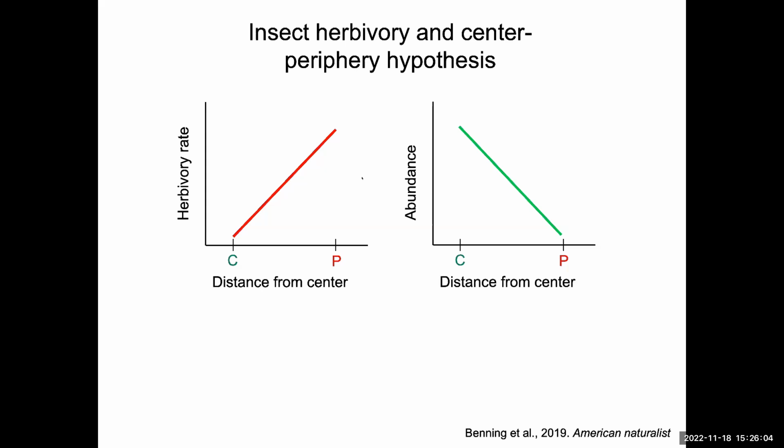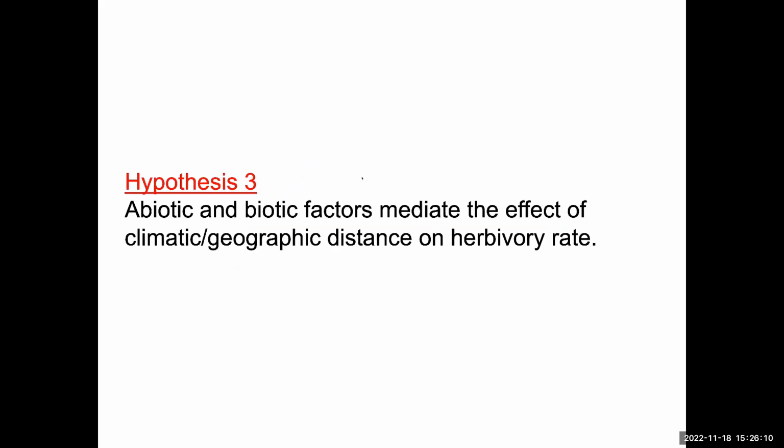But this is not the case for species that are herbivory tolerant, for example. We tested that by measuring occurrences in our study system. And we predict that abiotic and biotic factors mediate the effect of climatic or geographic distance on herbivory rate.